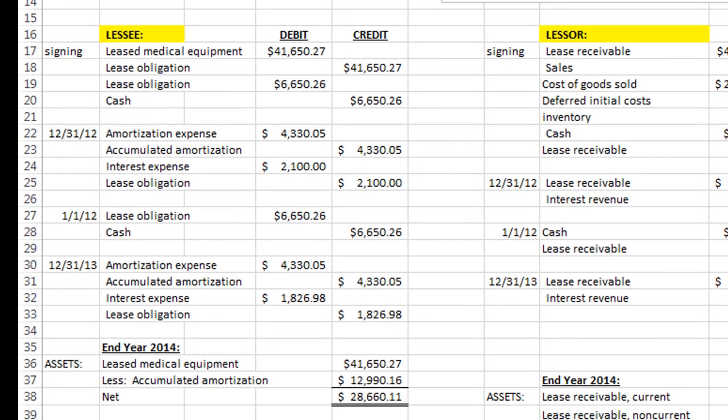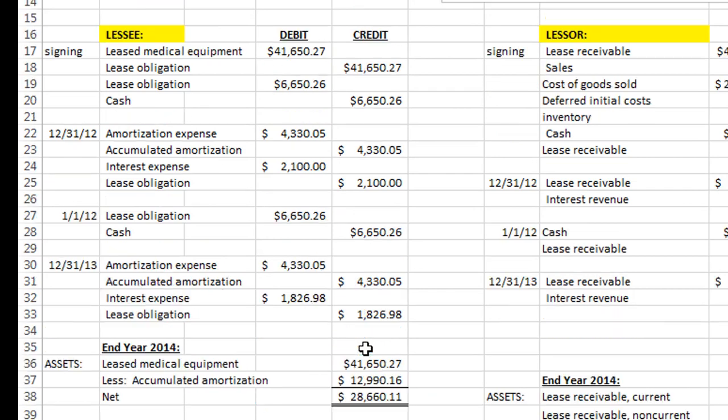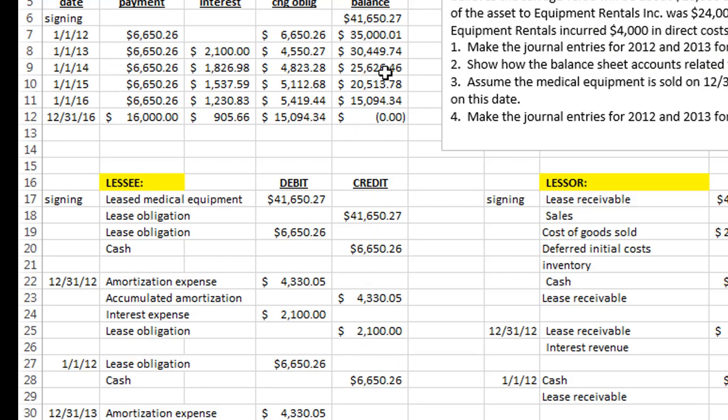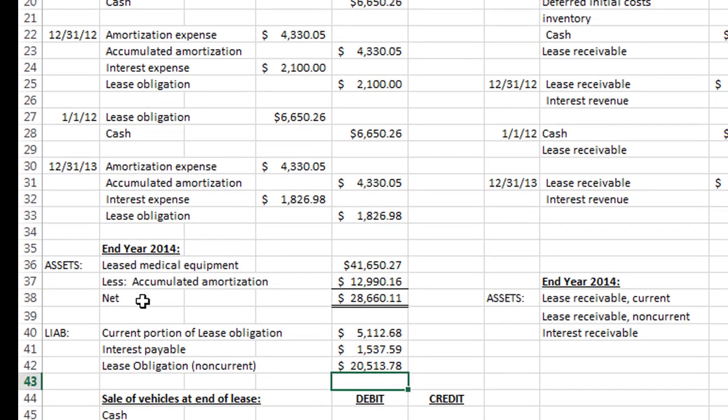And then the non-current portion of the debt is going to be the total debt less the current portion. So where's the total debt at the end of 14 minus the current portion? All right, so that's the liability and the asset presentation at the end of 2014.